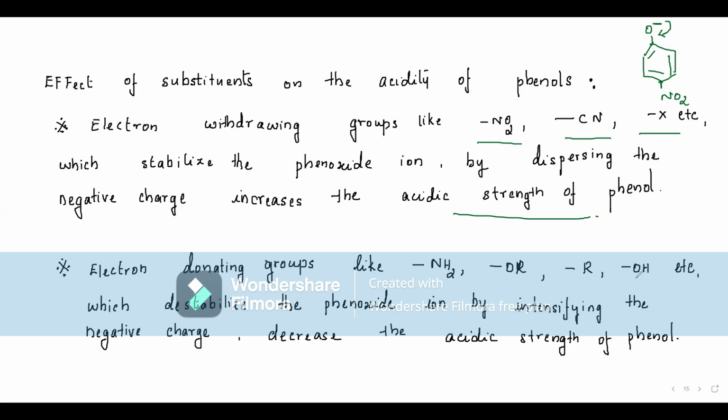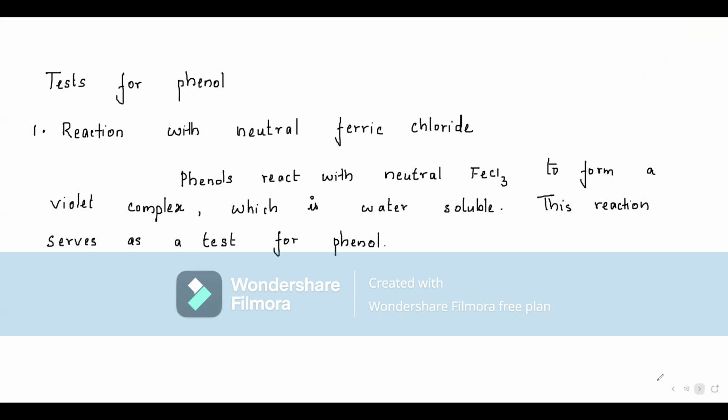So in that case, the phenoxide, which already has a negative charge, because of the presence of these electron donating groups, the intensity of negative charge on oxygen of phenoxide increases, because of which the acid strength of phenol decreases.